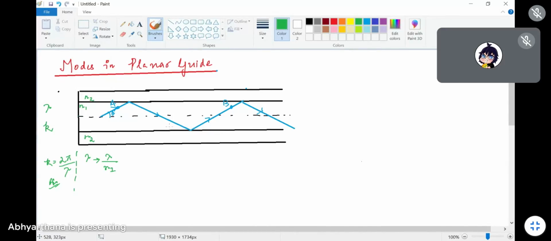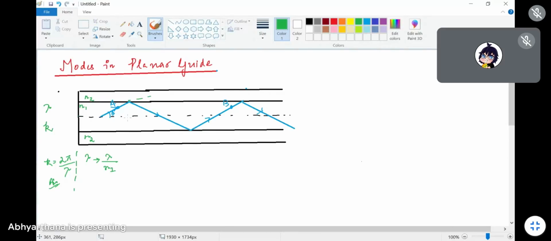But unfortunately, since this is never an ideal case, some portion of light will actually get refracted. Remember, light gets reflected in the core and refracted in the cladding. So there is a possibility that some portion might get refracted over here and be lost. We will see later how that loss happens, what the amount of loss is, and how to find it.